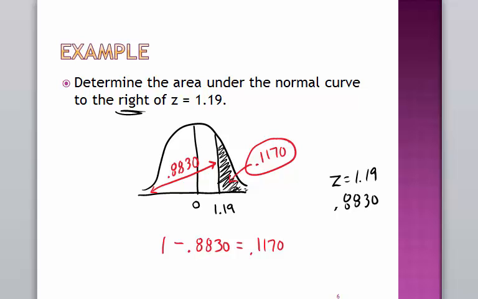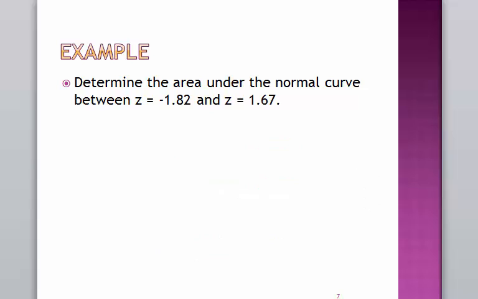Okay, so let's look at our last part of this example. The last part of the example says that we want to determine the area under the normal curve between negative 1.82 and positive 1.67. So again, we're going to draw this curve. We're going to mark a line down the middle, which will be 0.